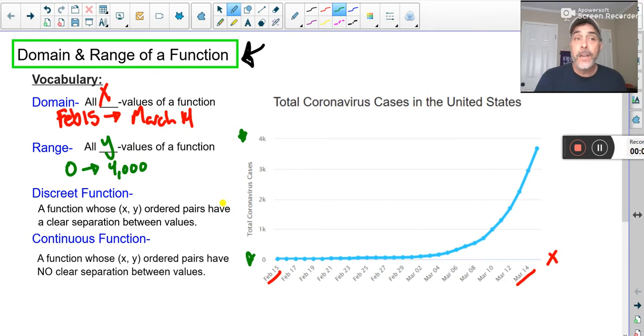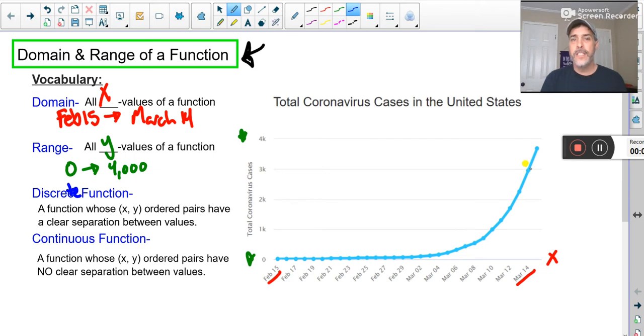All right, now there's two other vocab words that aren't in the title, but they are important. One of those vocab words is discrete function. I spelled it wrong here. It's actually discrete. A discrete function is a function whose xy ordered pairs have a clear separation between values. So this function right here has a line connecting all of the dots. It shouldn't.